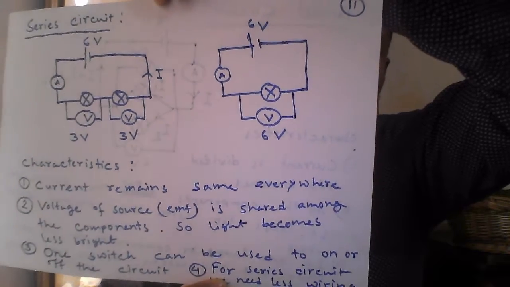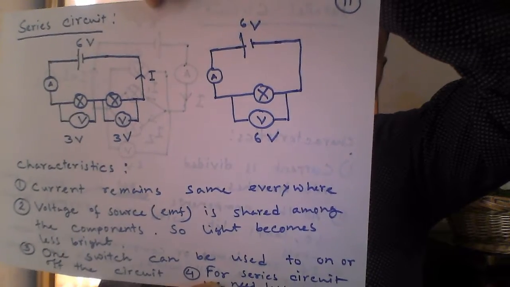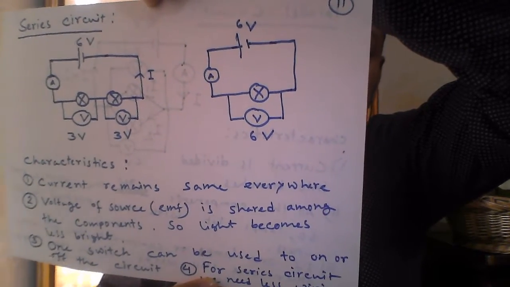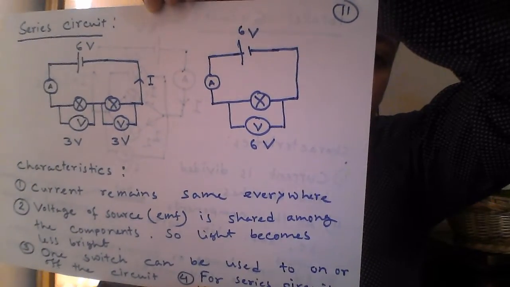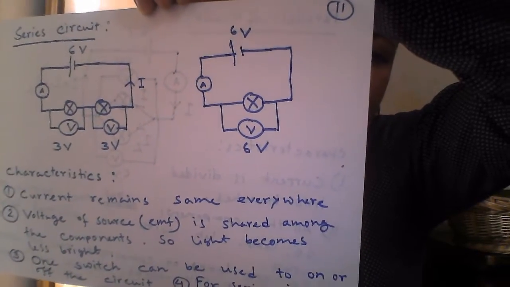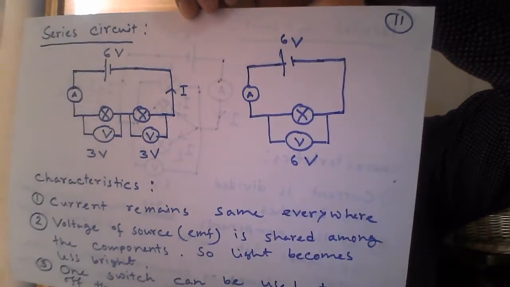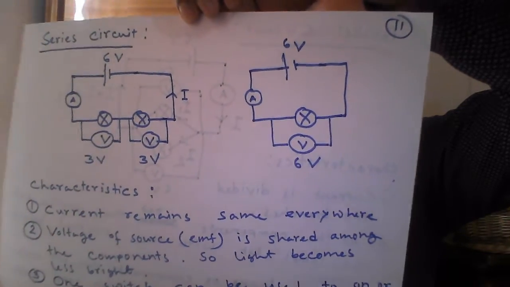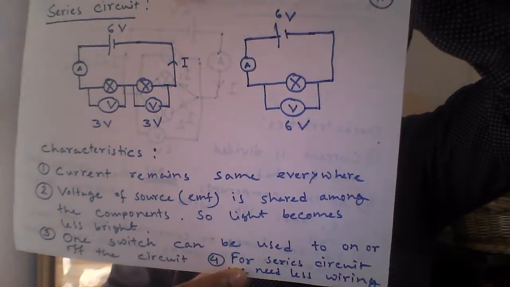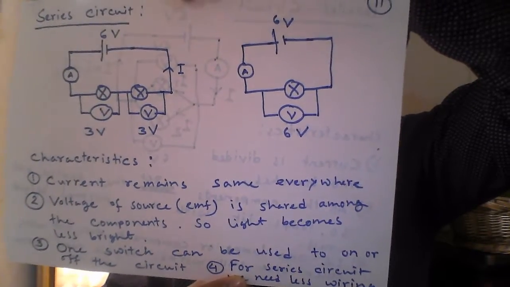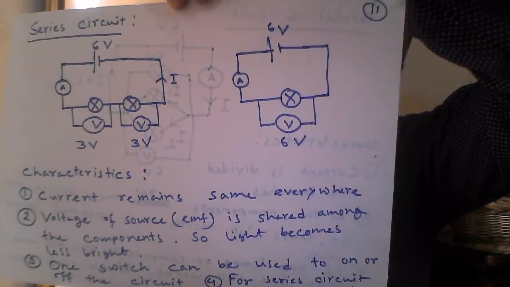So for this circuit, we showed that for example the source voltage is 6 volt, and this source voltage 6 volt is shared into both the lamps. I showed here, as both the lamps are identical, they both have the same resistance and they will share the source EMF equally, and both of them, they are getting 3 volt and 3 volt.